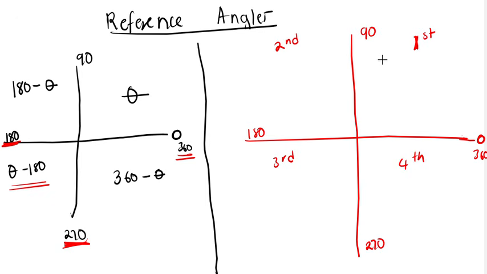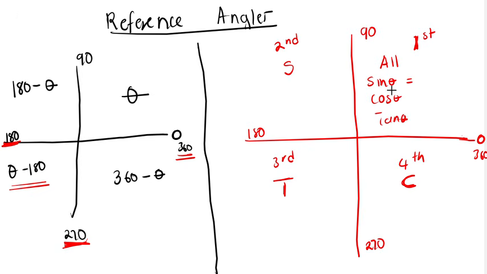In the first quadrant we say, all students take coffee. But for me, I say cocaine. All students take cocaine, right? So here, all the ratios are positive: sine is positive, cos is positive, tan is also positive.